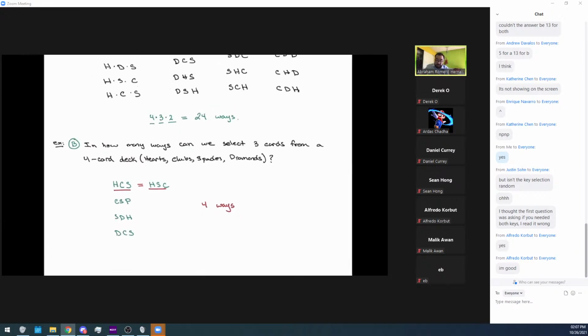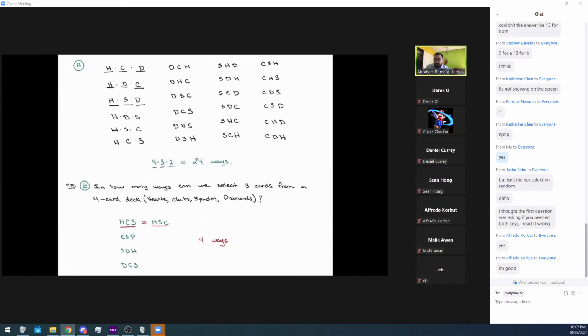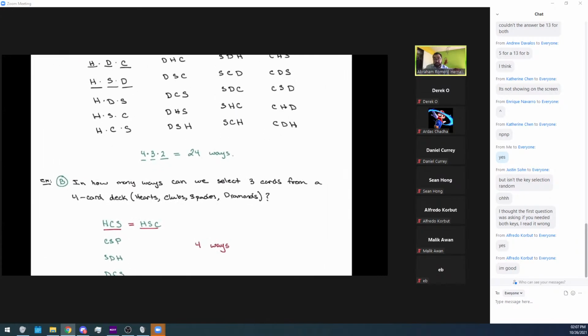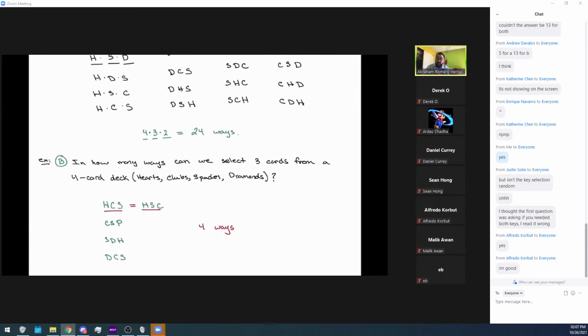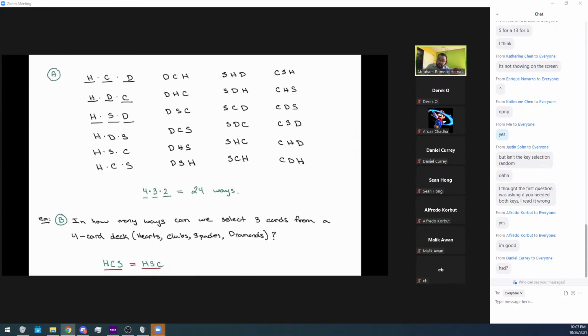But before I go on, do you see the biggest difference between both of these? One of them is an arrangement. The other one is a selection. But there's also another big difference. Notice that here we cared what the position was of the hearts, the spades, and diamonds.